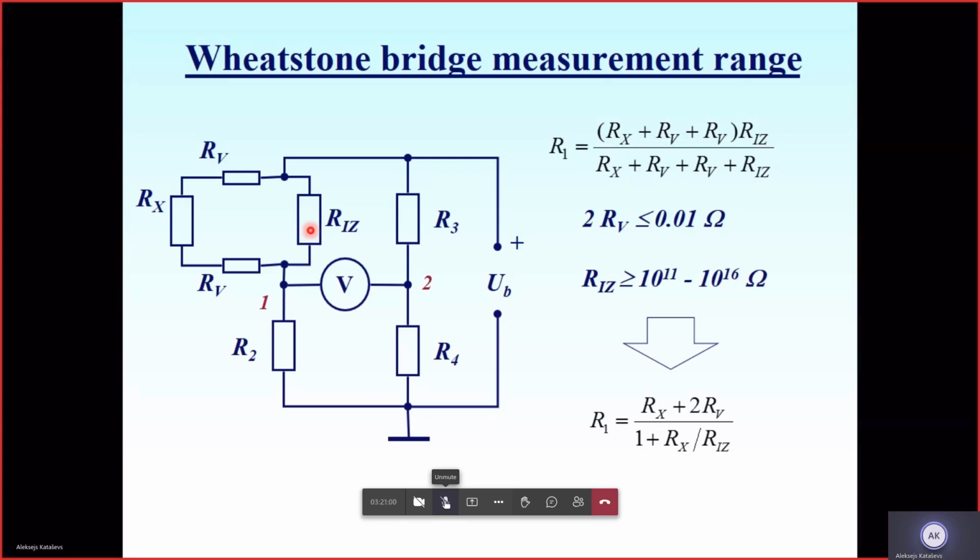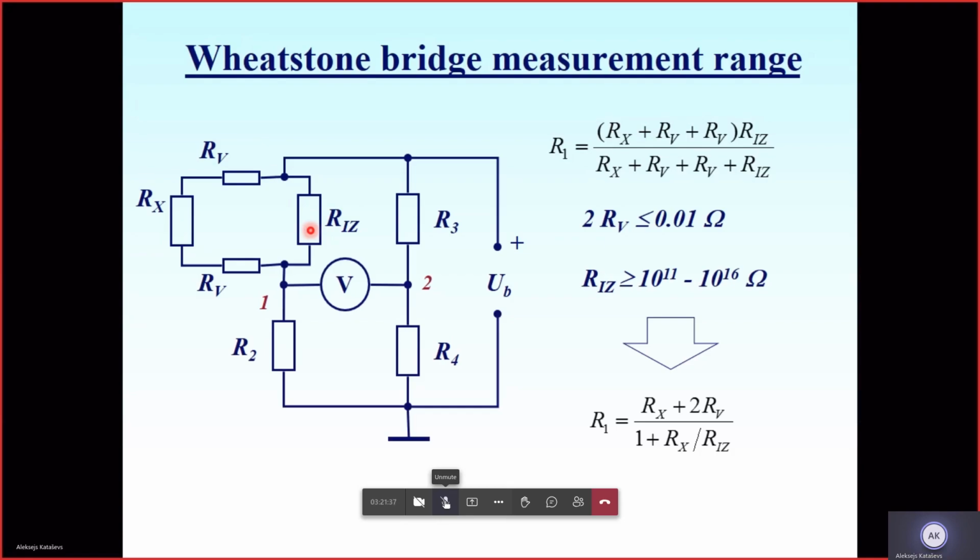So I always have some flow of current through the isolation. It's very small, but it is there. There is no ideal isolation in the world at all. There is very good isolation and very poor isolation. Even if we have a good isolation, we still have some very small current flowing from one wire in this cable into another wire. So these are the currents that flow through the isolation of our wire.